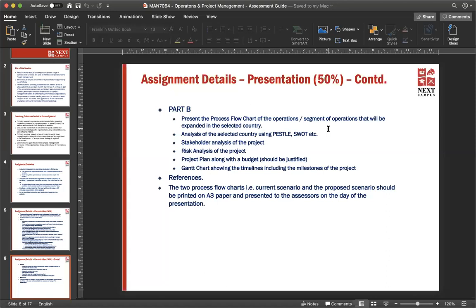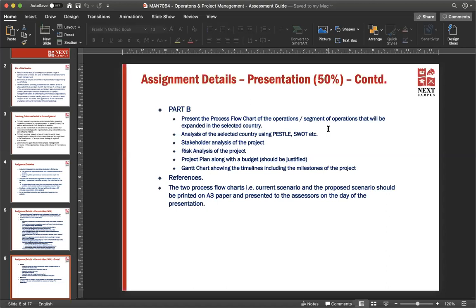How do you identify the stakeholders of the project? The risk analysis of the project, the project plan along with the budget. You need to assume the cost involved, and then a Gantt chart showing the timeline. Okay. And of course you need the references.